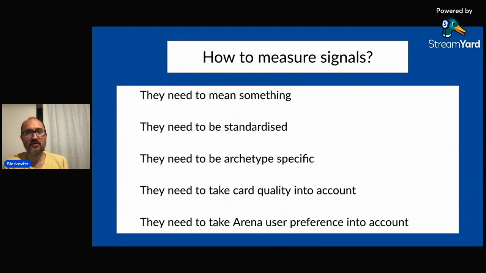And your arena pod is probably going to have 4, maybe 5 players that are at this early stage of figuring out limited. And you will have maybe a couple of players that know what's going on, and they will pick things correctly.